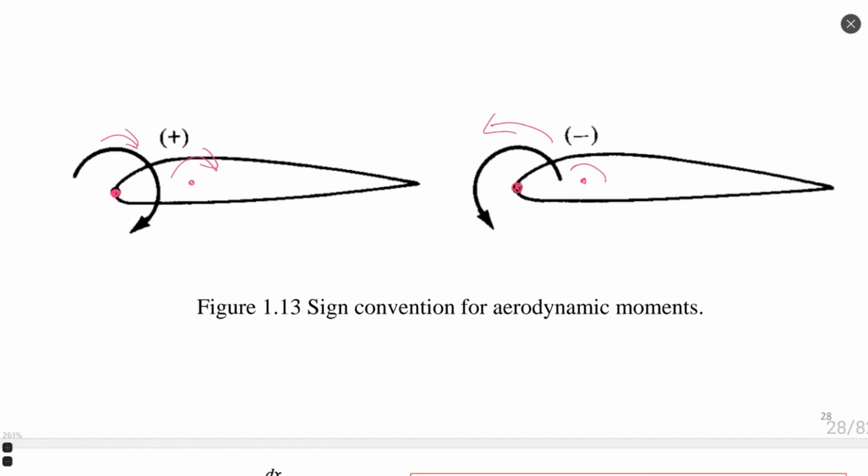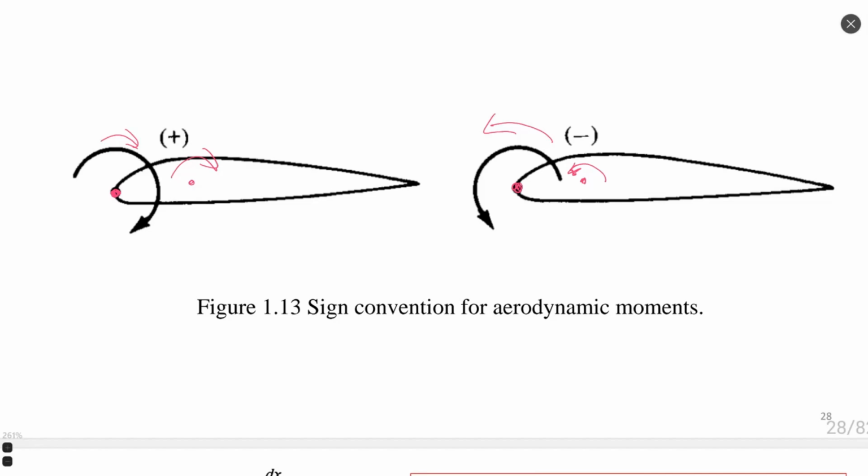If I see negative momentum on a graph, I will understand that at 1/4 chord my airfoil is rotating in the counterclockwise direction. So a very simple definition. In American literature it is like this, but if you study using other literature, please also check which sign convention is used.